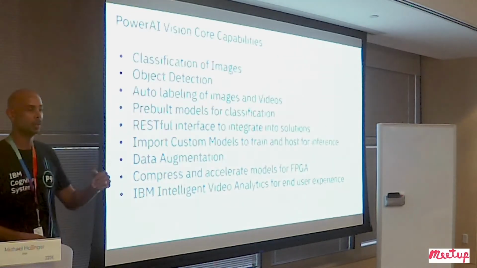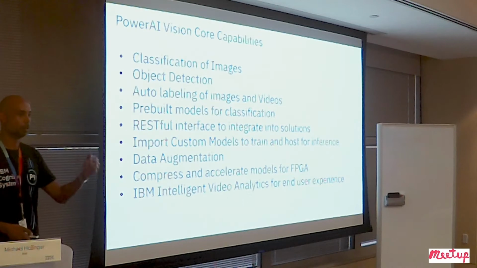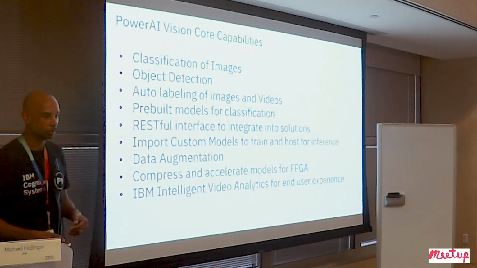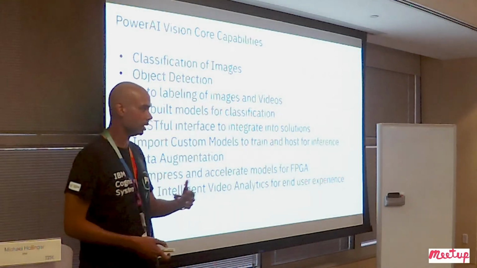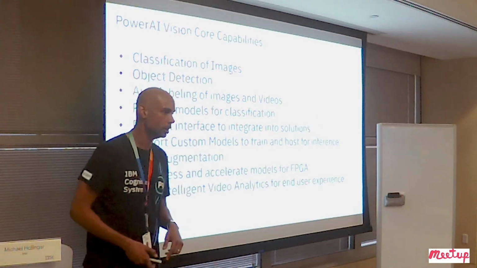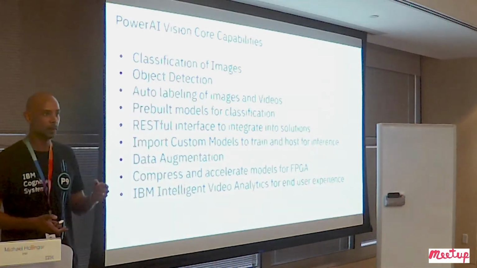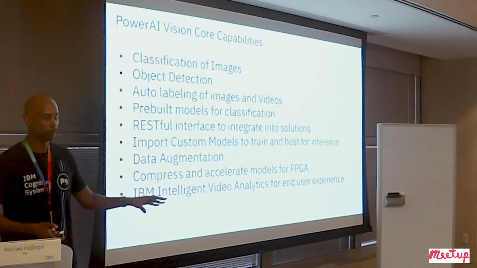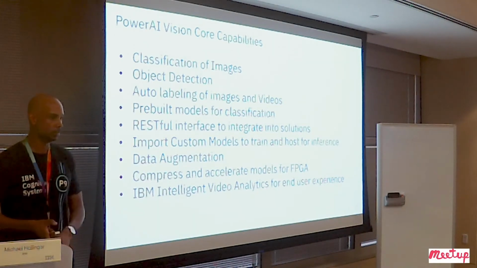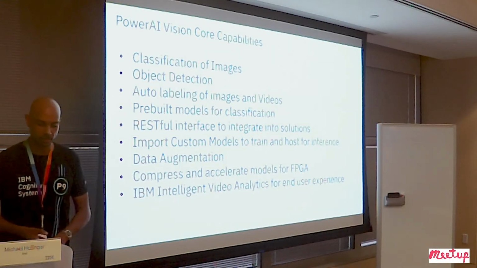So we look at and consider a couple of different capabilities. We'll talk about these, and I'd be happy to take questions about this as well. We do the same basic workflow for classification of images and for object detection.